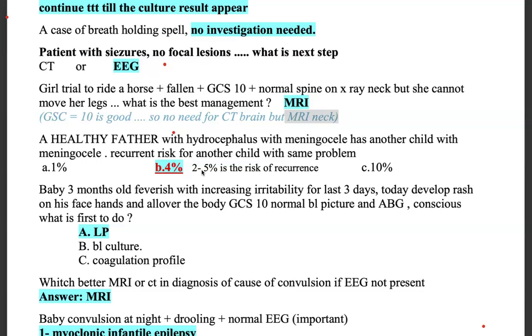We have to check this. The question says the father is healthy, but maybe he had hydrocephalus and meningocele, it is not clearly written here. Or I think the father is healthy, but he has two children, one with hydrocephalus with meningocele and another with meningocele. So recurrent risk for another child with same problem. We need to check this meningocele recurrence.